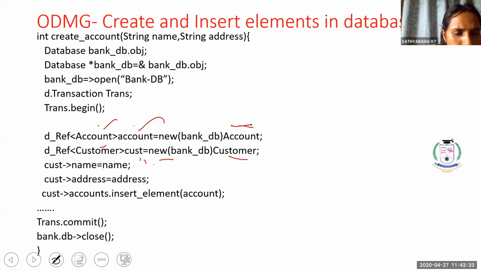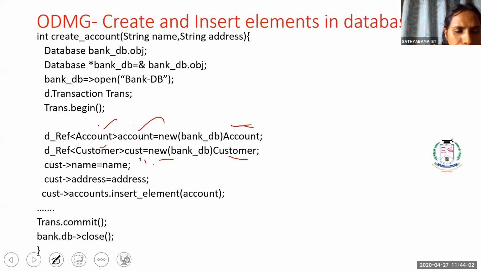Now in your hand you have an account object, it is ready to access the content of the account class, and the customer object, it is ready to access the content of the customer class. Now what will you do? Now you have the schema design. In your hand, the empty schema definition is there. Now you are going to insert some values into your schema. You are planning to insert the values of a customer as well as account number by using the commands.